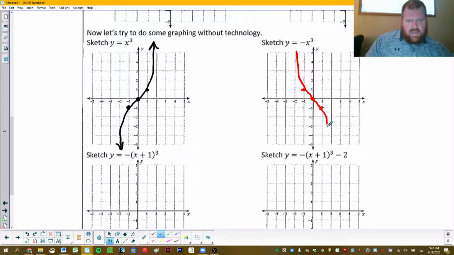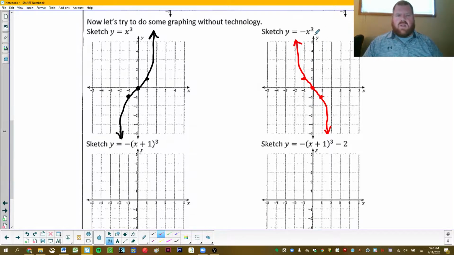And we sort of talked about this with our end behavior. This matches up with our end behavior terminology, that when I have a negative leading coefficient, it's going to start high and end low because it's an odd function.